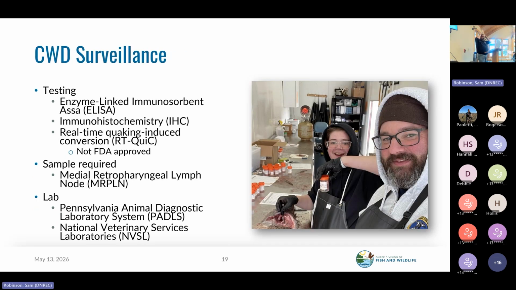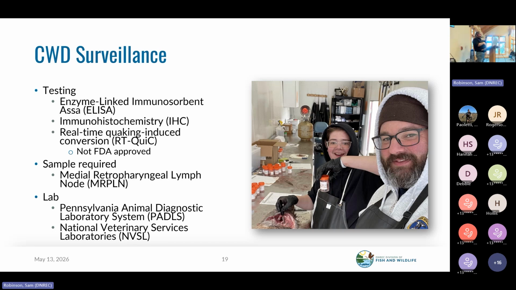All right. So testing, we do it in several fashions for Delaware. Well, we'll get to that in a second. There's ELISA, one method of testing. There's immunohistochemistry, which is IHC. This is what we do here, and then there's RT-QuIC. The first two I mentioned, the ELISA and IHC, are the gold standards. That's what most everybody across the nation is doing.